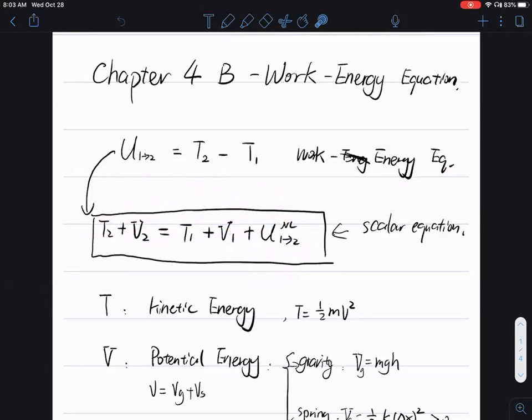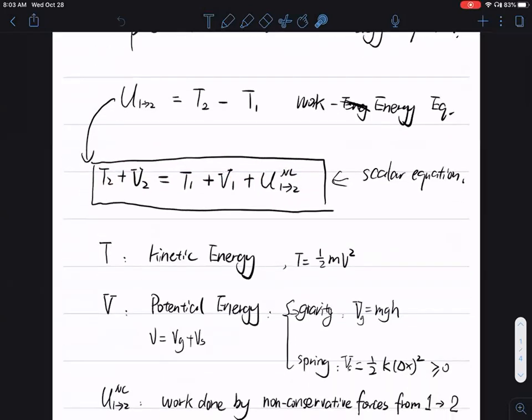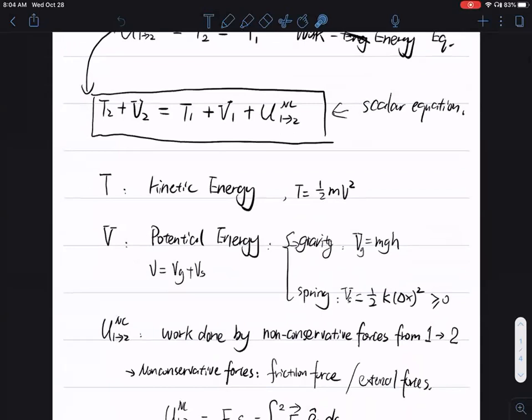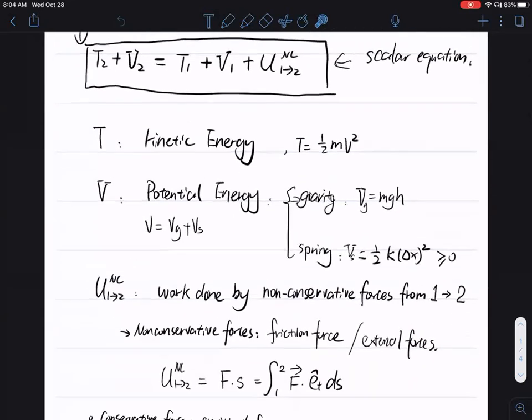All right. We talked about what each term is. T is kinetic energy, V is potential energy, and potential energy could come from different types, such as gravity. Weight force will give you potential energy. Spring can also give you potential energy.